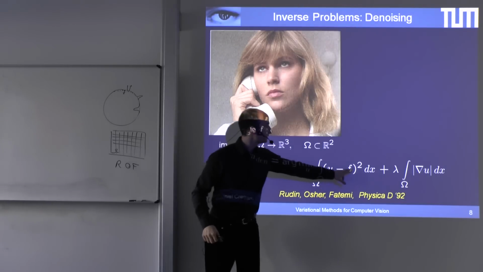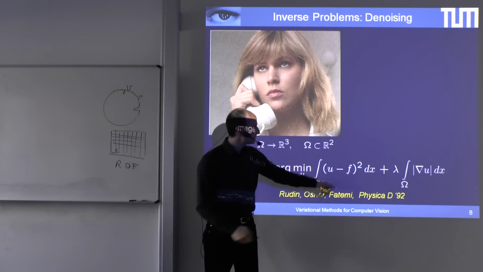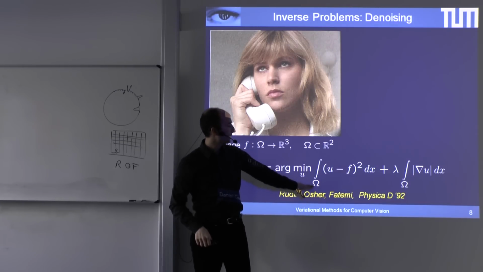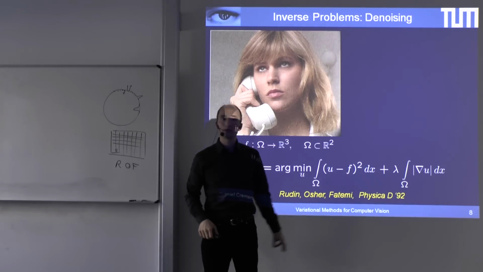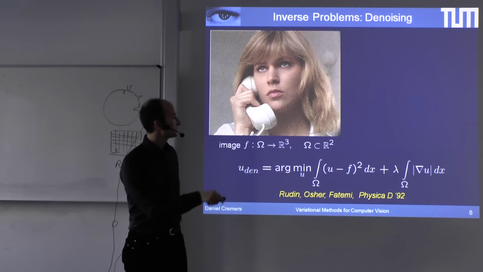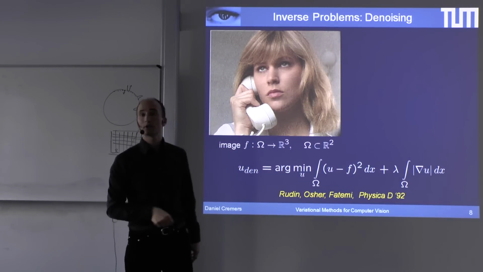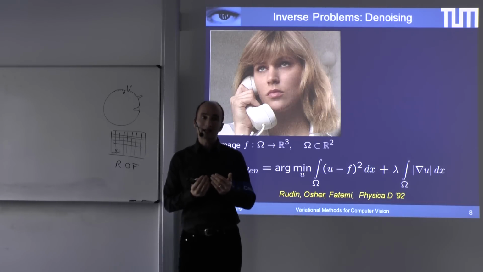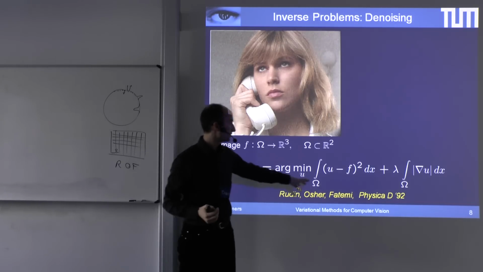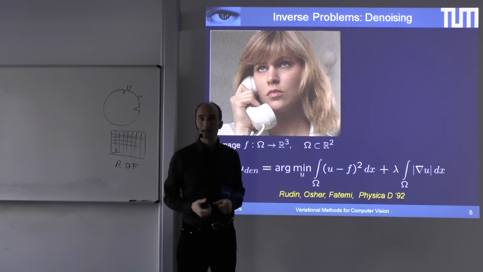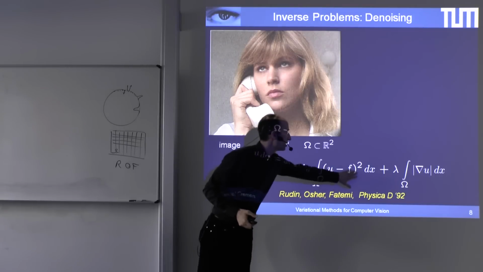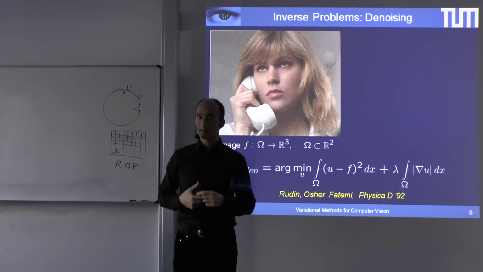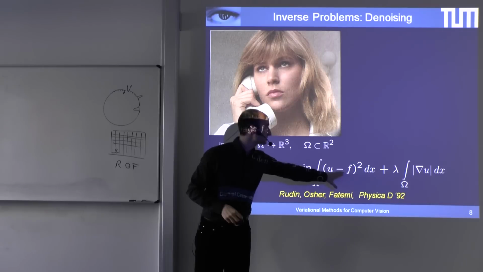Here you have an integral of u minus f. At every pixel in the domain omega, the pixels being denoted by x, I compute the difference between u and f at that pixel, square it, and sum over all pixels. That's essentially what's being done. This is often called the L2 norm, or the quadratic distance. So this model basically says I fit a function u to f in a least squares manner, because I'm minimizing the sum of squares.